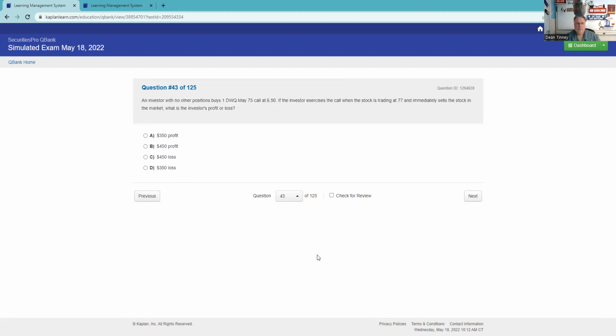An investor with no other position buys a 75 call at 6.5. If the investor exercises the call with the stock at 77, there are a lot of ways to proceed here. One way you can do, I like to do T's. You could just memorize break evens, whatever floats your boat. So I'll just make a T, and I use dollars out on the left side, dollars in on the right.